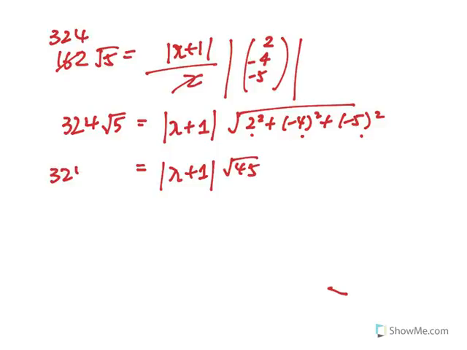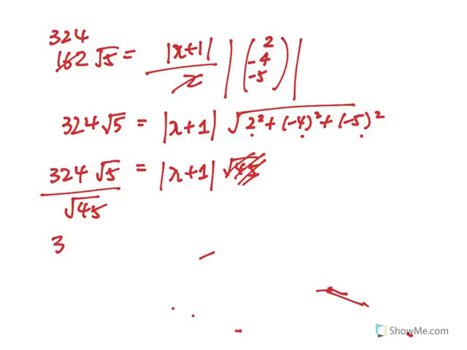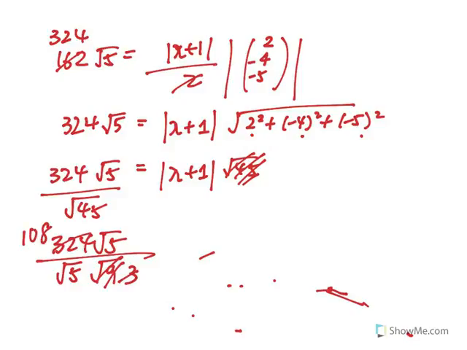Right, 324 square root 5, and you can divide by square root 45 here. If you simplify this, the denominator you can write as square root 5 times square root 9. Square root 9 is equal to 3. 324 over 3, 324 and 3 can cancel off, you get 108.